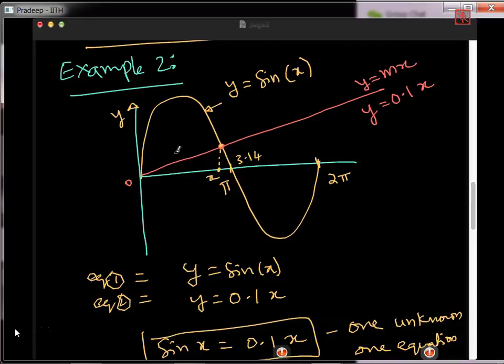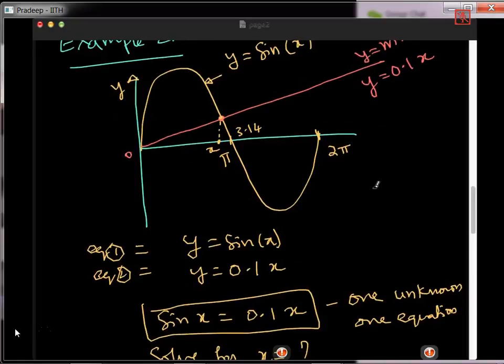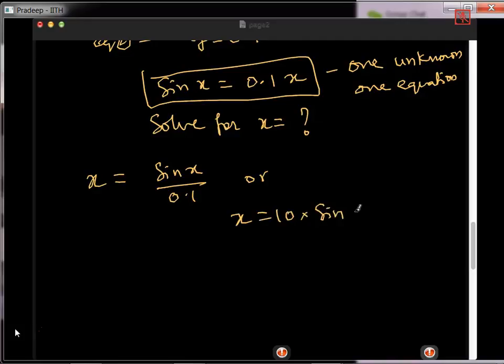So meanwhile, look at this equation: sin x equal to 0.1x. How do you solve it? Simple, you write it like this: x equal to sin x divided by 0.1, or x equal to 10 into sin x.